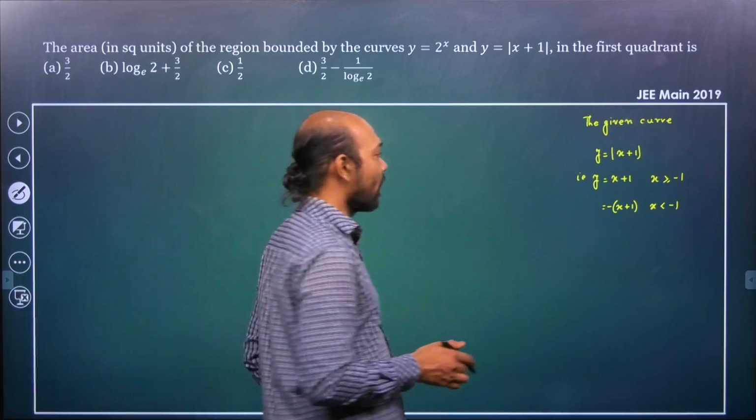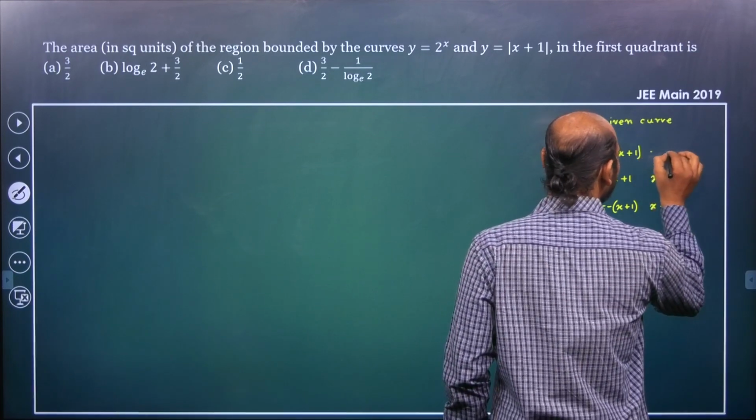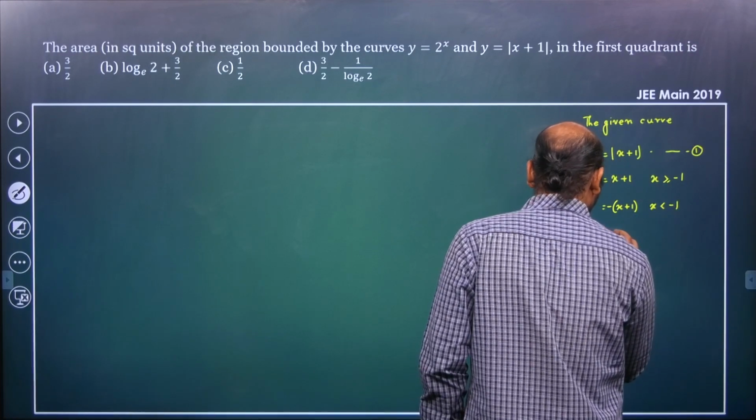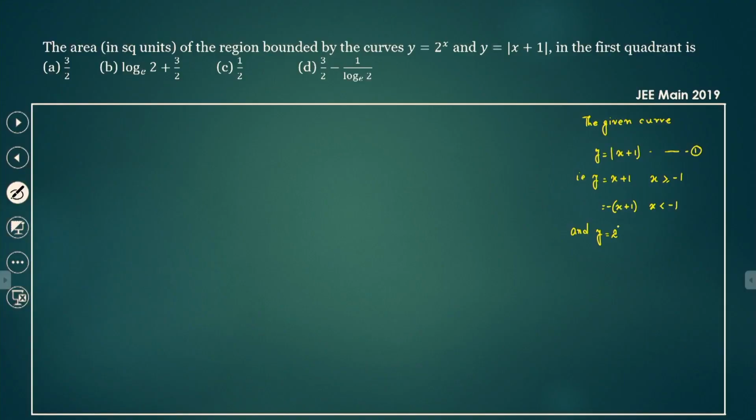The second curve, right? So this is obviously my first curve, and the second curve gives me y is equal to 2 to the power x. Now they will intersect at some point.